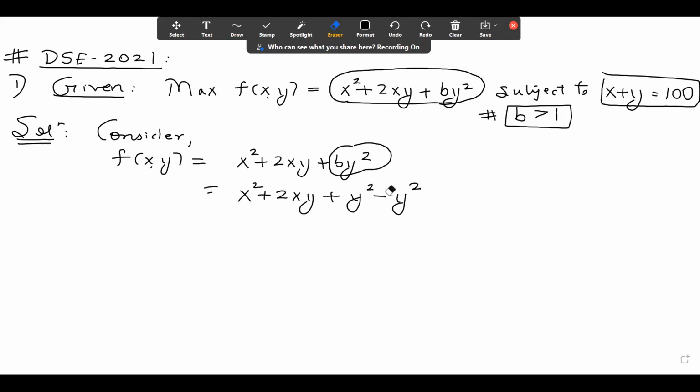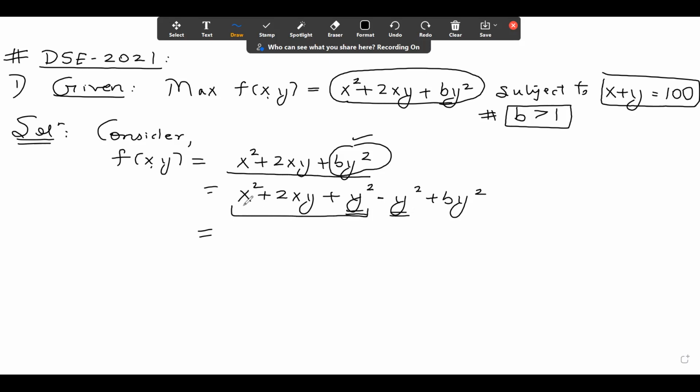So see what I have done. To this particular term, I have added y square and subtracted y square.